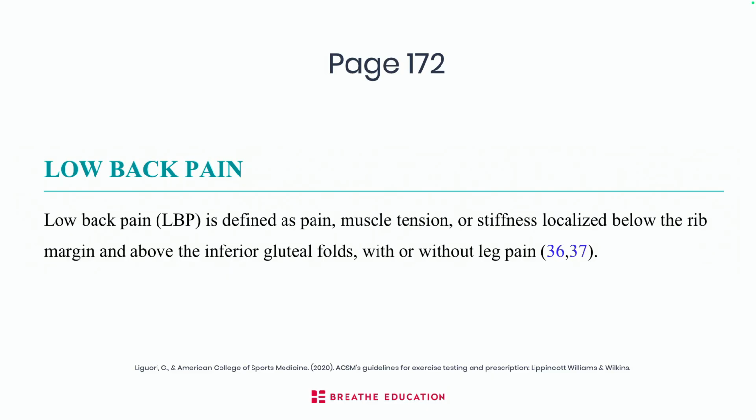Low back pain is defined as pain, muscle tension, or stiffness localized below the rib margin and above the inferior gluteal folds, with or without leg pain. Okay, so the rib margin, that is literally just where your bottom rib is.